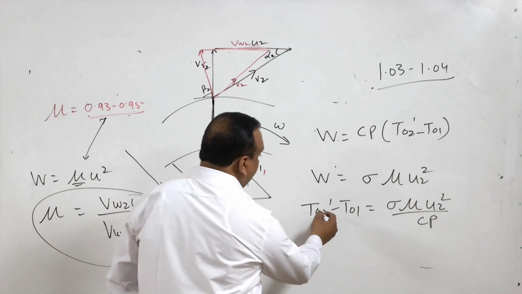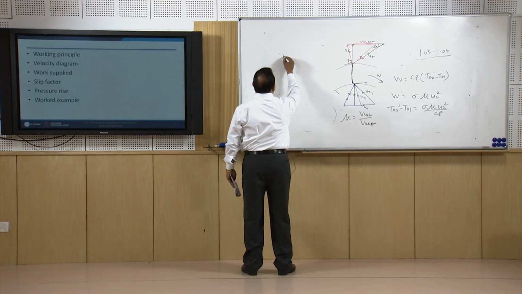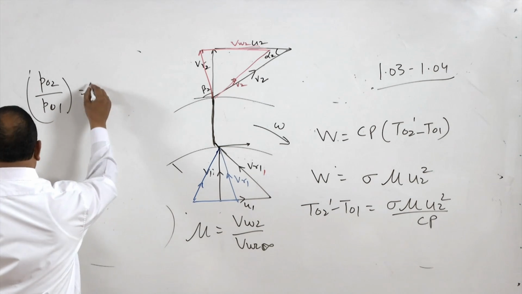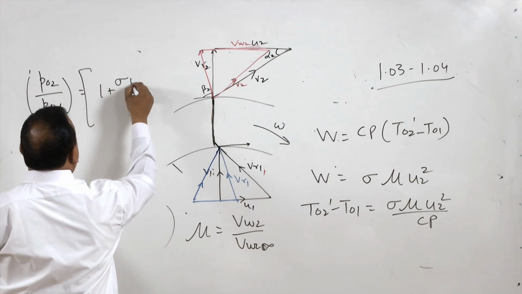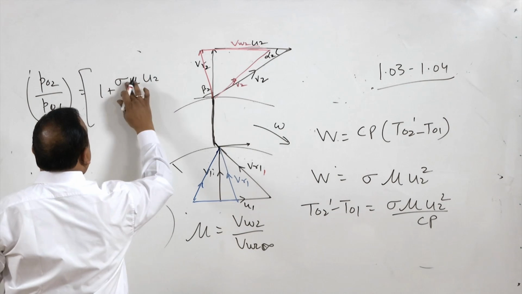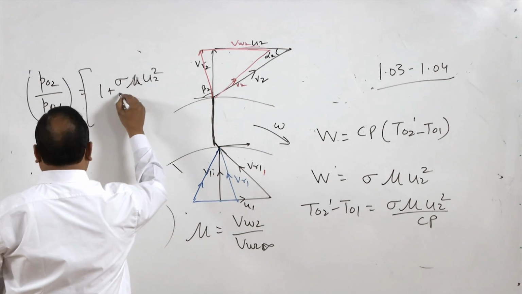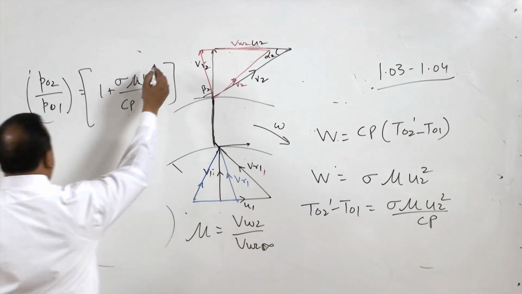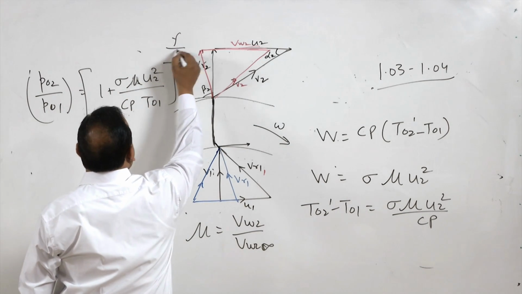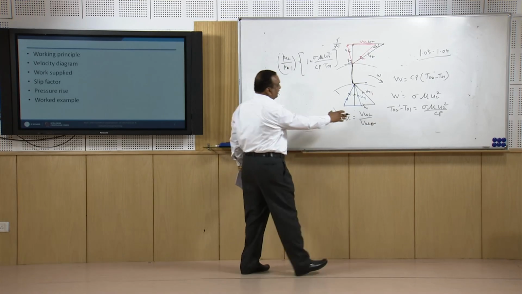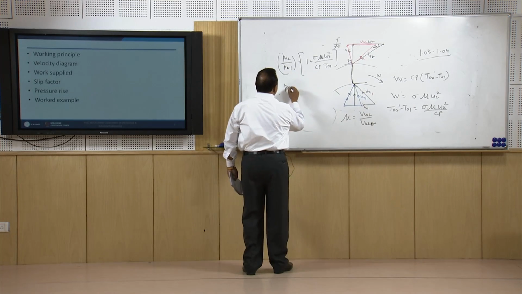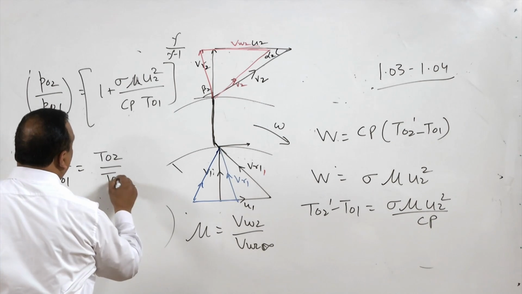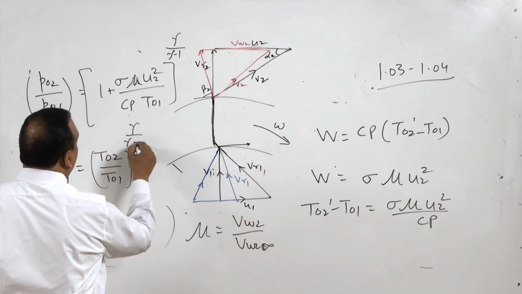And once these values are given, we can find that PO2 by PO1 is equal to (1 plus sigma mu U2 square divided by Cp TO1) raised to power gamma over gamma minus 1. By manipulation we can find this value, because PO2 by PO1 is equal to (TO2 by TO1) raised to power gamma over gamma minus 1.